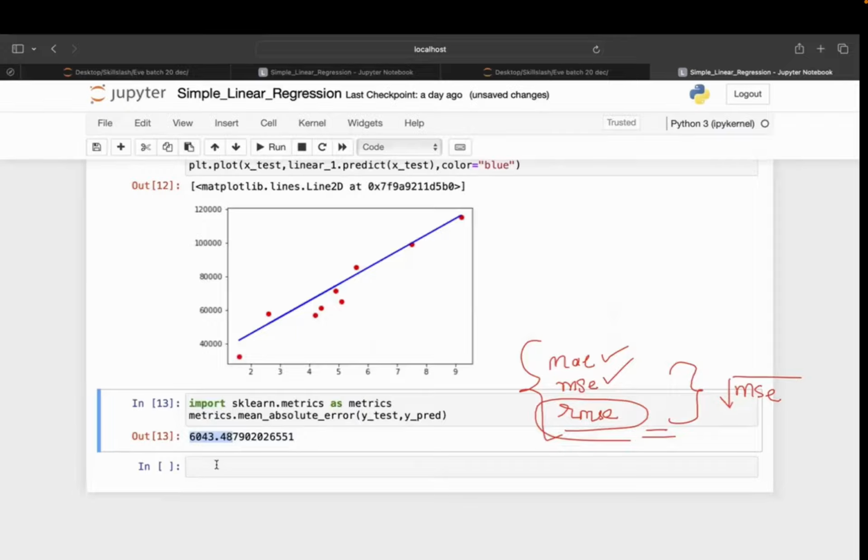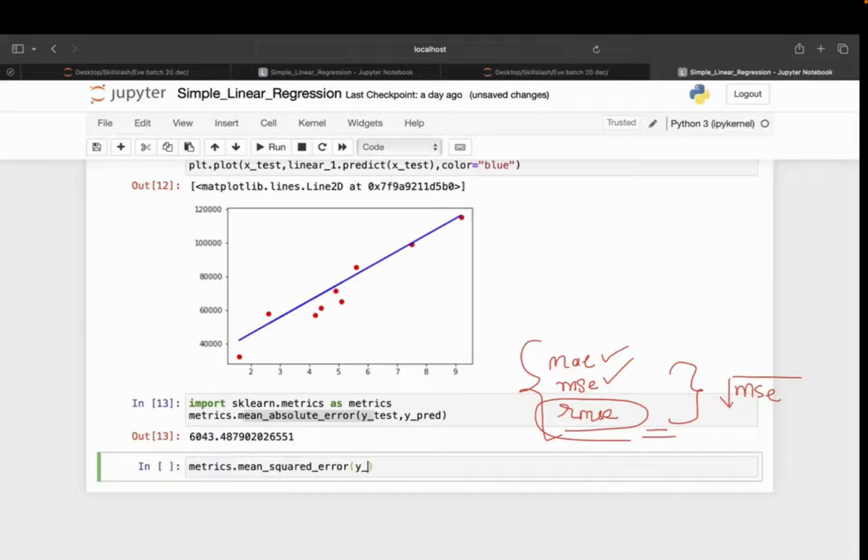Okay, similarly, I'm going to find the mean squared error. So I'm simply writing metrics dot mean squared error. Inside that, I'm again going to mention the actual versus predicted.